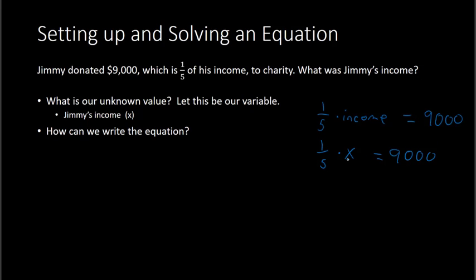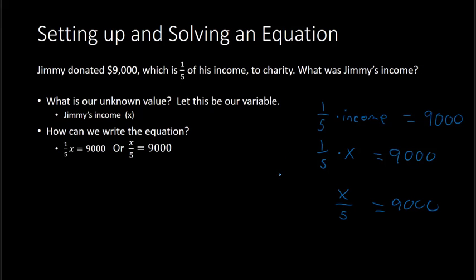So this would be our equation. And as we stated previously, 1/5 of something would be the same thing as taking that number and then dividing by 5. Right? If my number was 20 and I said find 1/5 of 20, I take 20 divided by 5. So that's what we're doing. We're taking his income, dividing it by 5. That equals $9,000. So that is my equation.